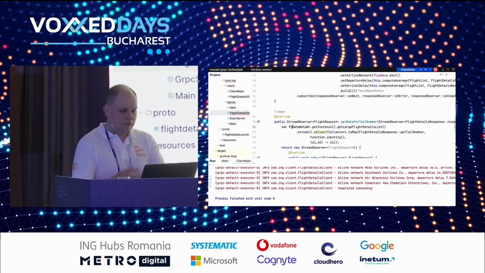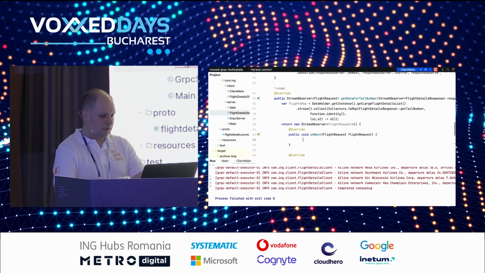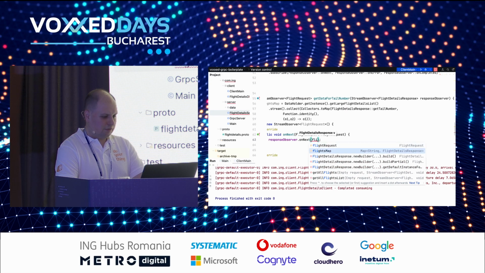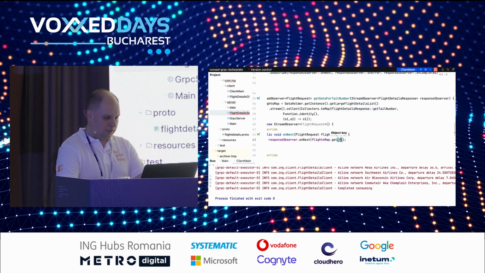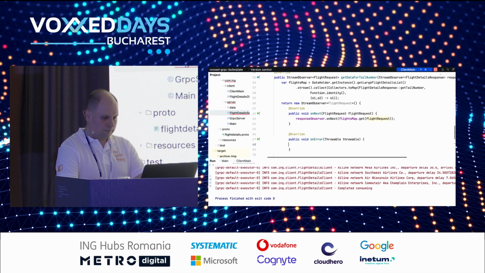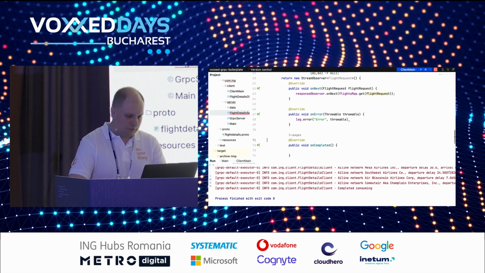So what I'm going to do here is get my response observer, as I can see it here, and just send a response for each request. Get the data from the flight map, just get it like this, flight request. And in case I have an error, of course, let's just put a message. Okay, and when I'm completed, let's also put a message.